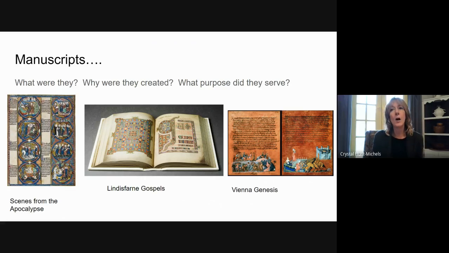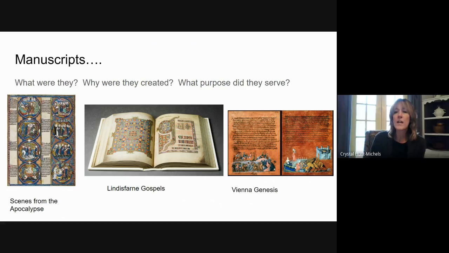By being somebody of higher status and wealth, having your own manuscript created, you were quite often, as the patron, part of the manuscript. And those are also ways of bringing you closer to God. So they served a variety of purposes, but generally speaking, they were there to educate, to record, and to spread the word of God.